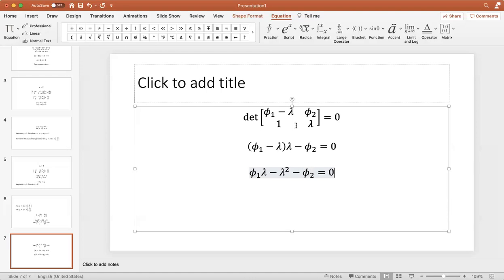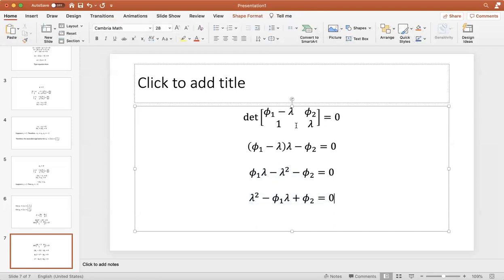And multiplying the negative terms out, you'll have lambda squared minus phi1 lambda plus phi2, and that's equal to 0.